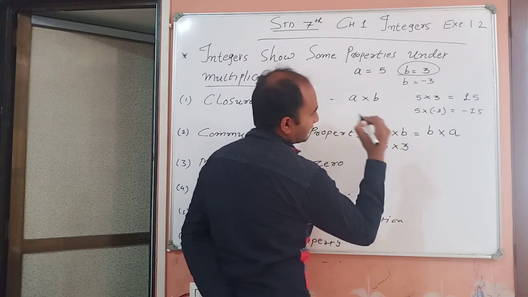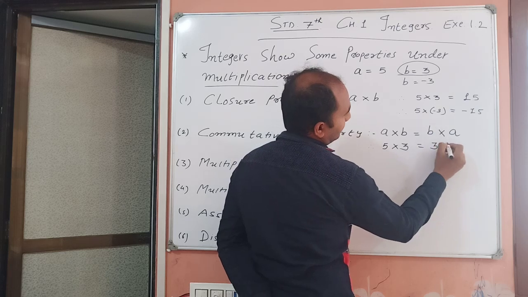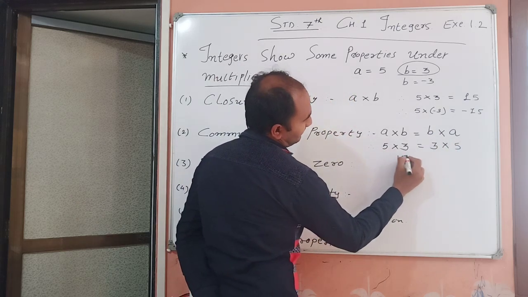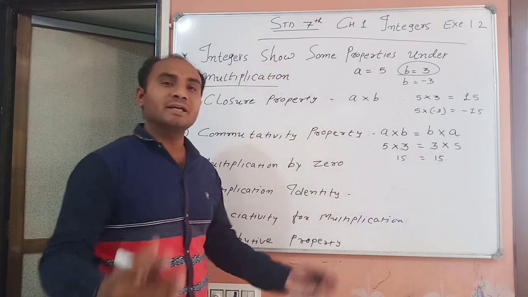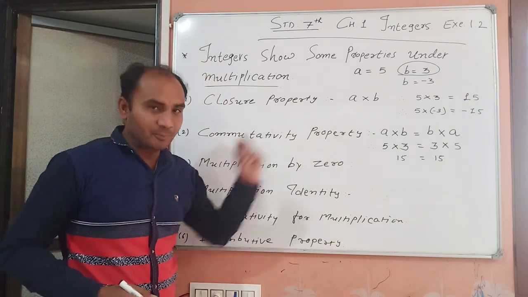So here we are writing 3 and 3 into 5. 5 3s are 15 is equal to 3 5s are 15. So we are getting the same answer through the commutative property.